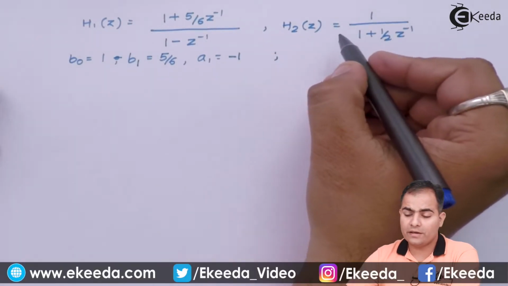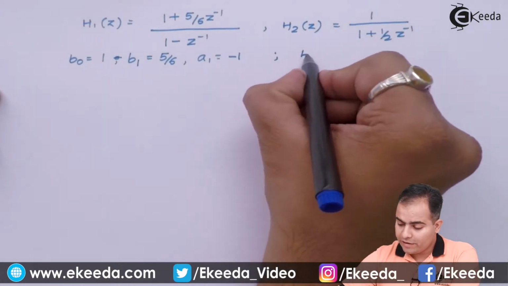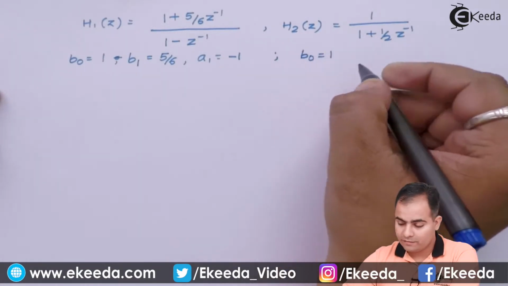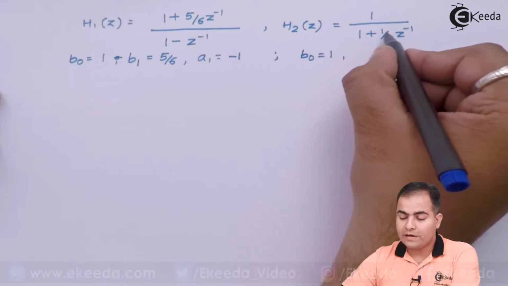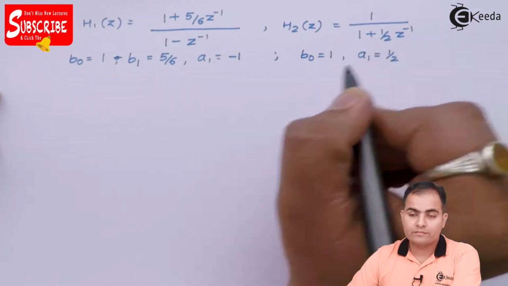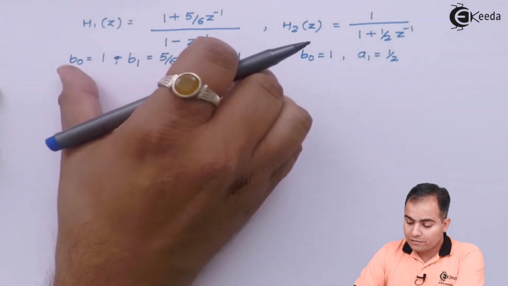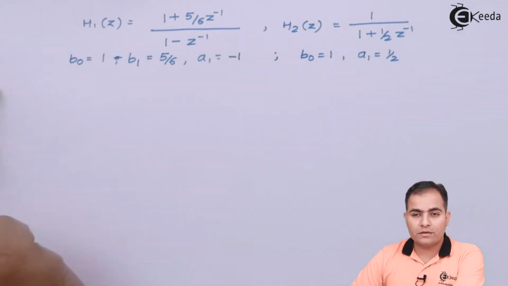Here also we will compare this H2(z) equation with the standard transfer function. So we will get b0 is 1, and after comparing the denominator, a1 is only 1/2. Now we will draw two DF2 structures. The first one is for H1(z) and the other is for H2(z).